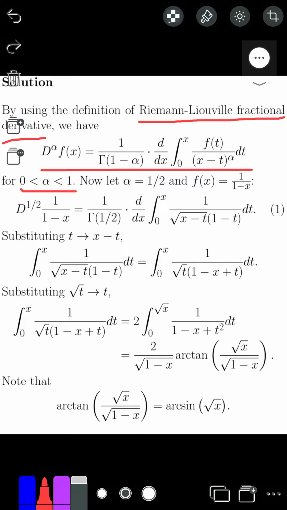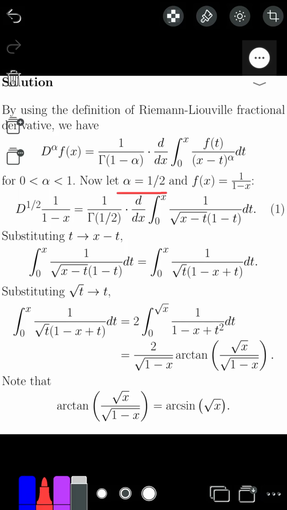Alright, we're going to use that definition. We're finding the semi-derivative, the 1/2 derivative, of 1 over 1 minus x. So the order of the derivative is 1/2. We let alpha equal 1/2, and the function is f of x equals 1 over 1 minus x.